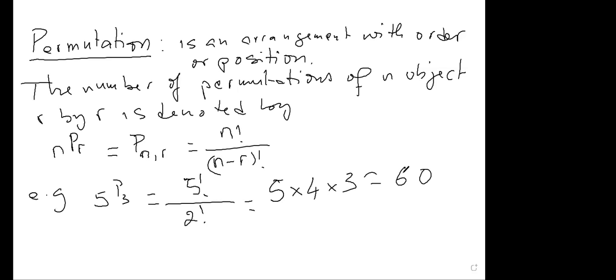What is happening here is that it's like I did 5 factorial, then when I get to the third one, I ignore the last 2. I'm dividing. This is just an explanation for that formula.